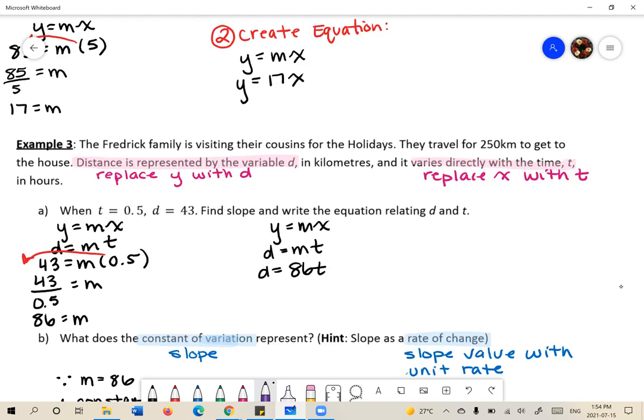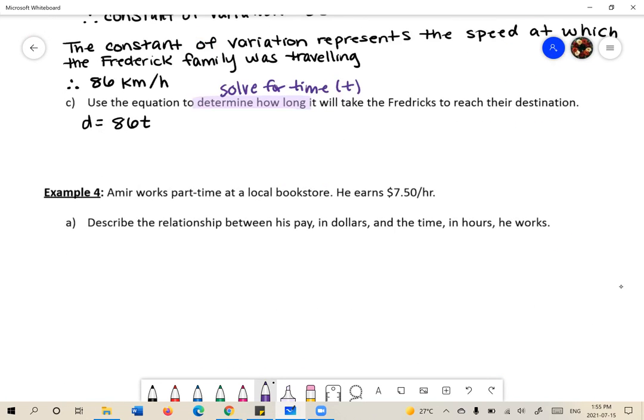We were provided the information that they traveled for 250 kilometers. So that's our distance, or variable d. And we'll use that down here. So we'll sub d is equal to 250 into the equation.